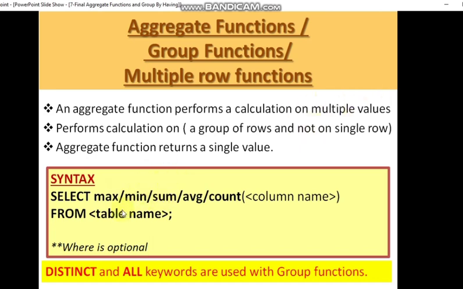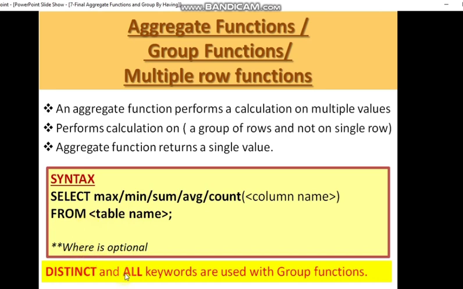Likewise any of the functions, or you can write all the functions using a comma. That means every aggregate function takes one single parameter, the name of a column. From, you have to mention the table name obviously. Where is optional.